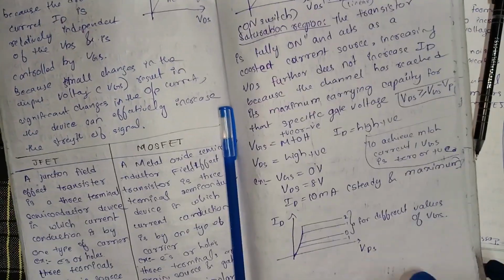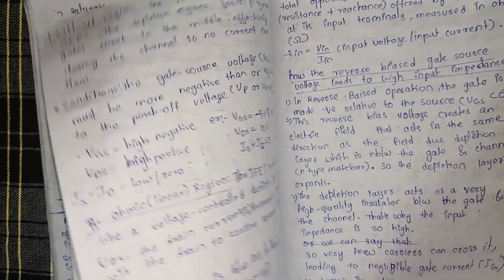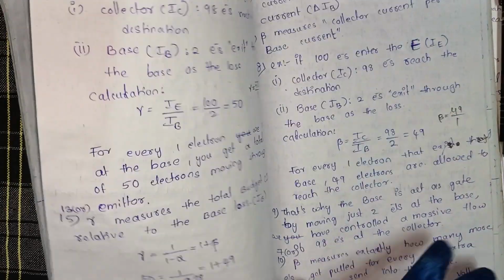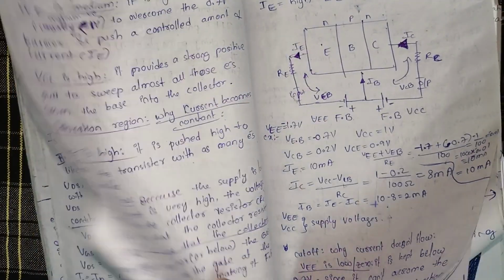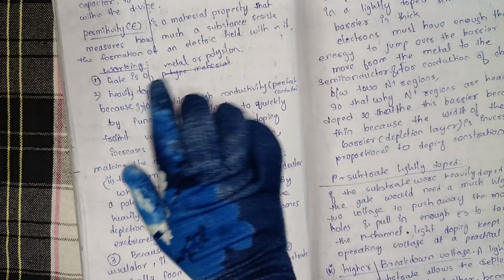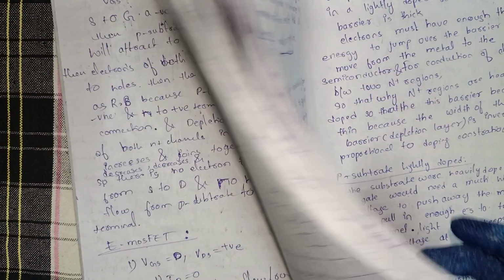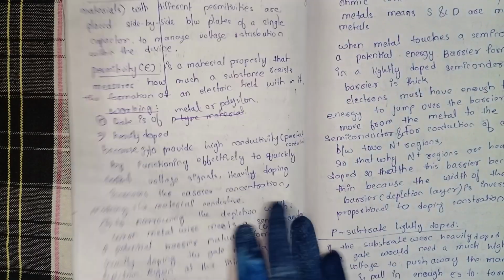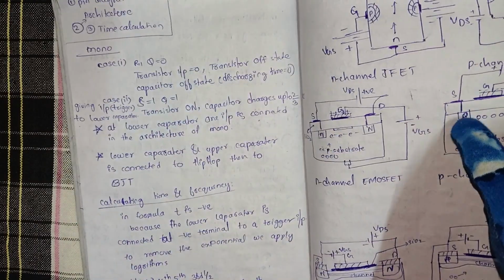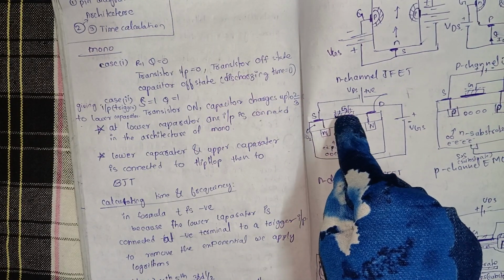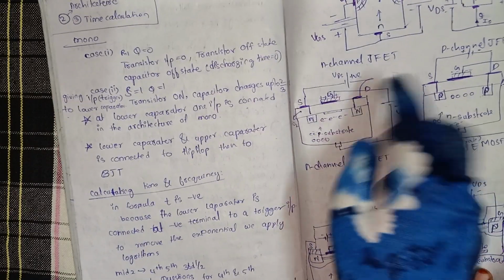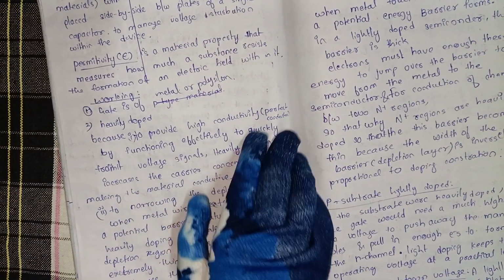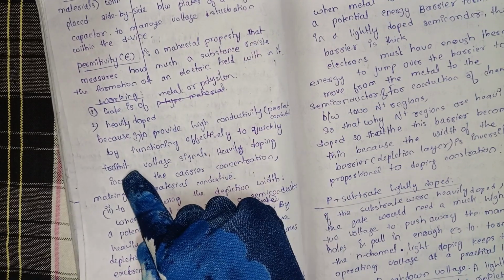So MOSFET. Here is the MOSFET diagram, an N-channel MOSFET. The gate is of metal or polysilicon, and it is heavily doped to provide high conductivity, functioning as a perfect conductor to quickly transmit voltage signals.